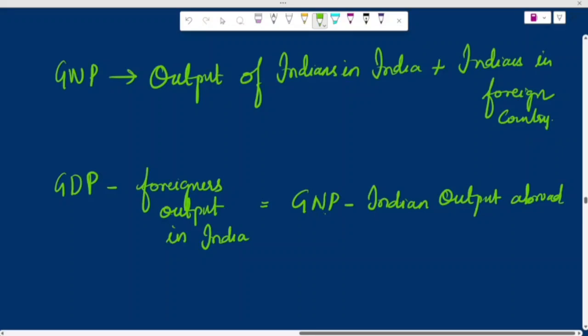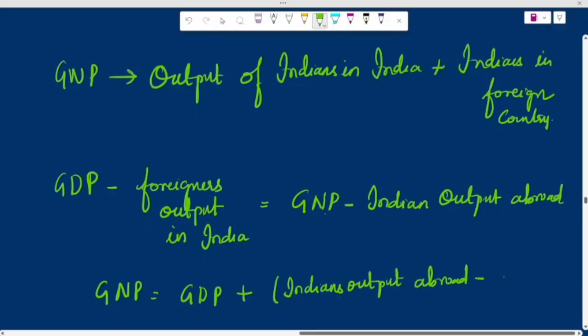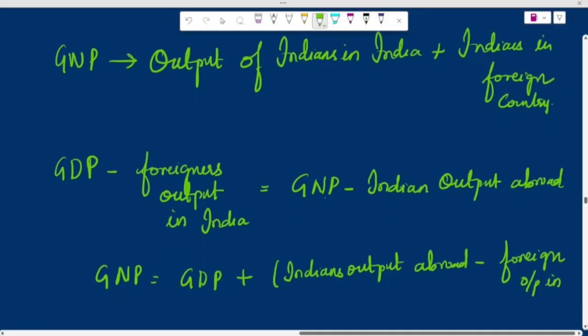Fine. So here GNP equals GDP plus Indians' output abroad minus foreigners' output in India.